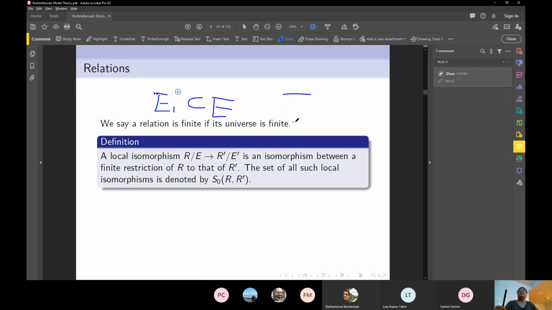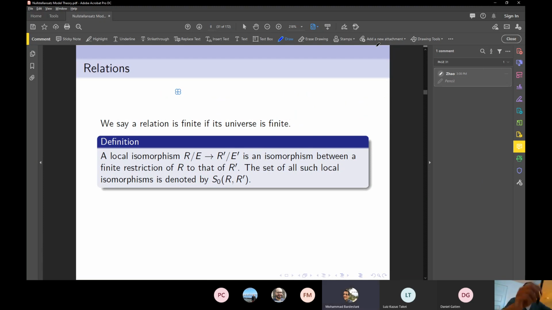And then we have another restriction, E1 prime belongs to E prime. Then we find a bijection between E1 and E1 prime. And this bijection induces a bijection from the restriction of the relation, the two relations.